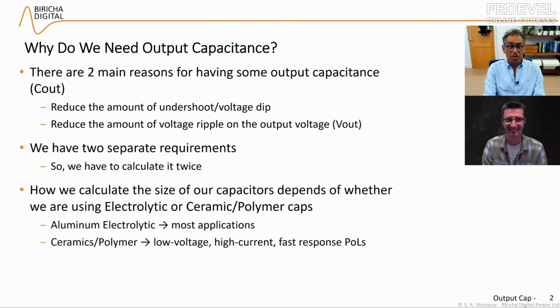I think we have some measurements, or what is the next step? Okay, so what I'm going to do is show you the inductor current, and then give a load step to the power supply and show you the dip, so that you can see what happens to the output voltage when we give it a load step, with some capacitors on the output and how the capacitor reacts. And then I'm also going to show you the ripple.